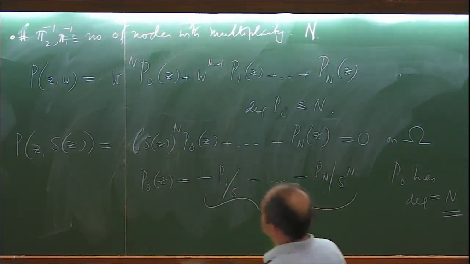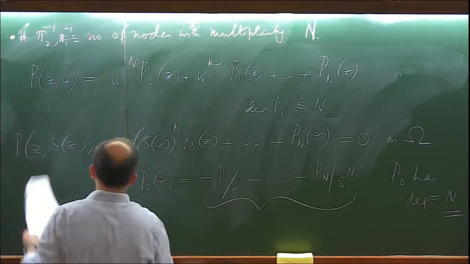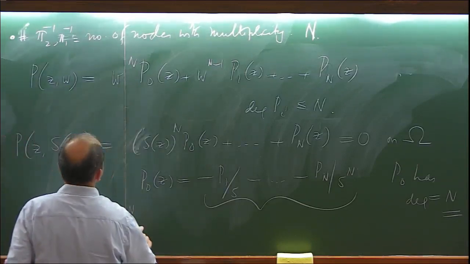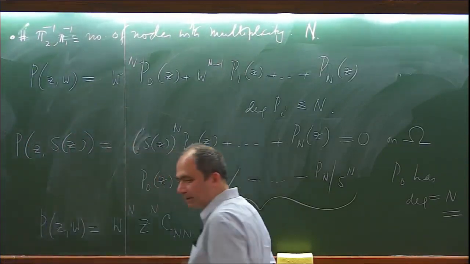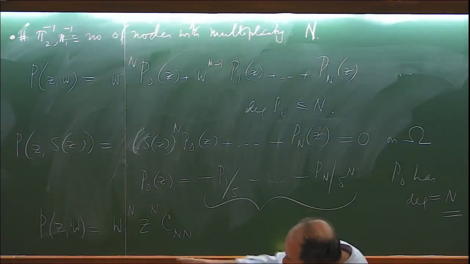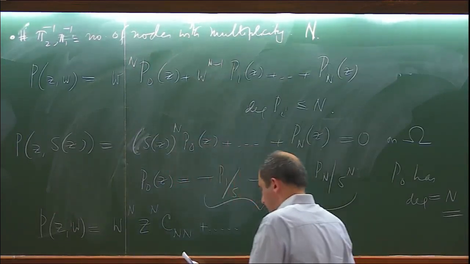And therefore, the defining function P of Z,W has a very special form. This is W to the N, Z to the N, times some constant. All constants are going to be real because of that property there, plus stuff here.